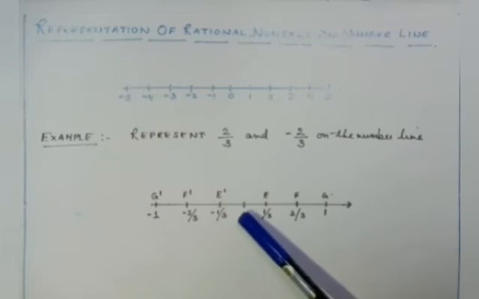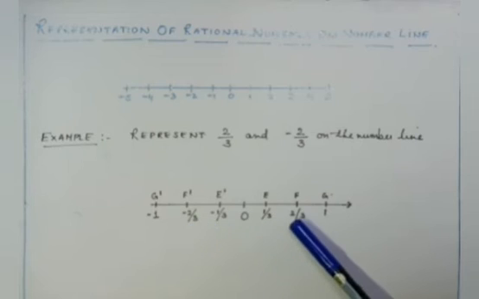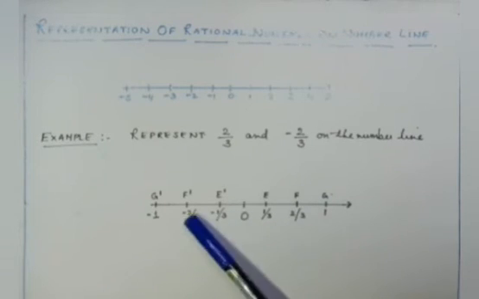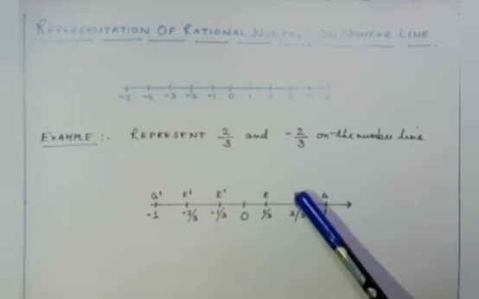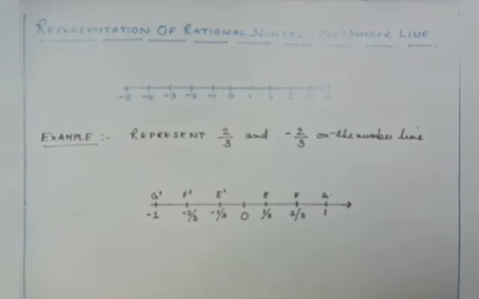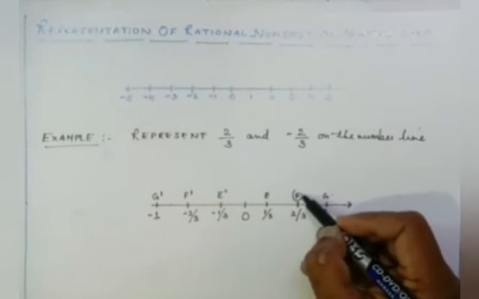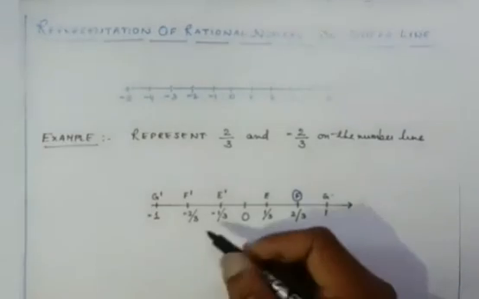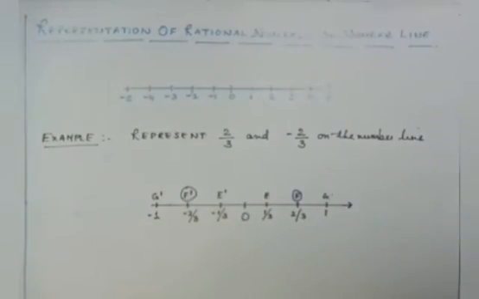So easily I can represent minus 2 upon 3 and plus 2 upon 3 on a number line. You can use an alphabet to indicate the point which you are representing. Over here 2 upon 3 is represented by a letter F and minus 2 upon 3 is represented by a letter F dash. I hope it is clear to everyone.